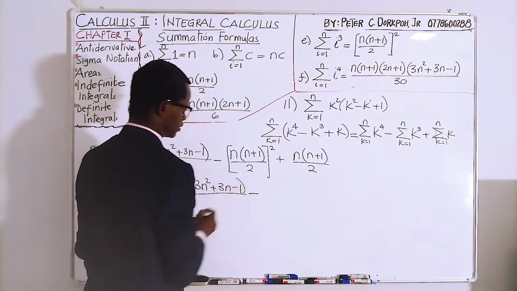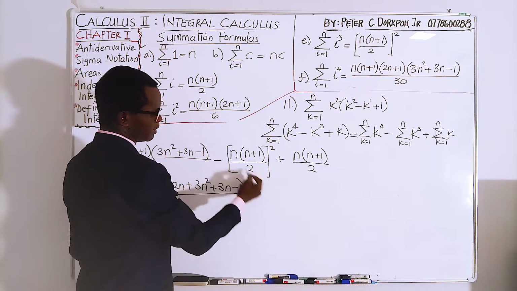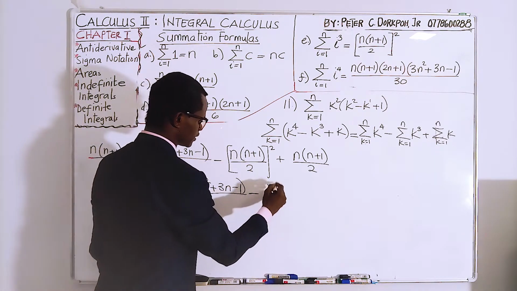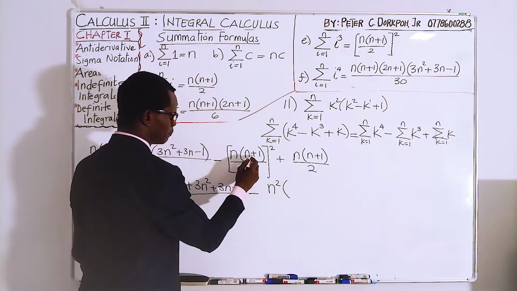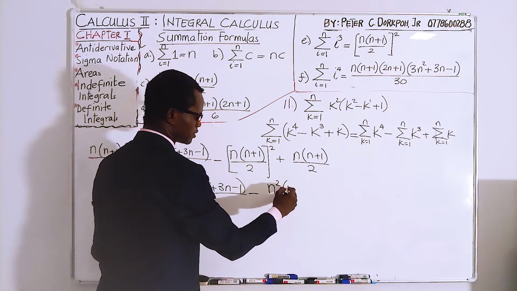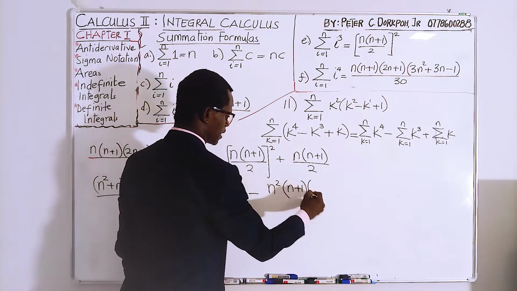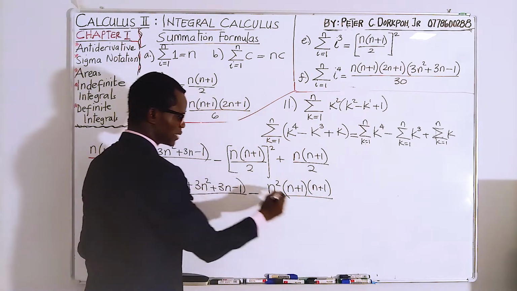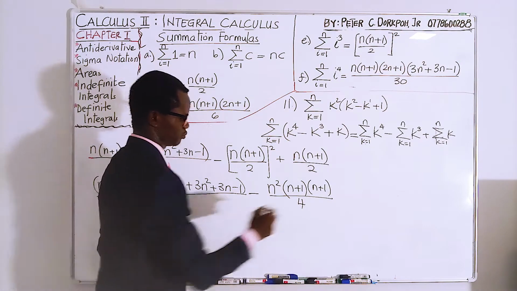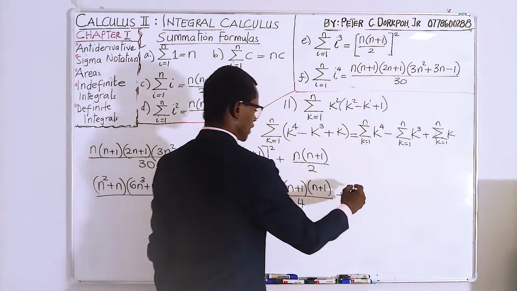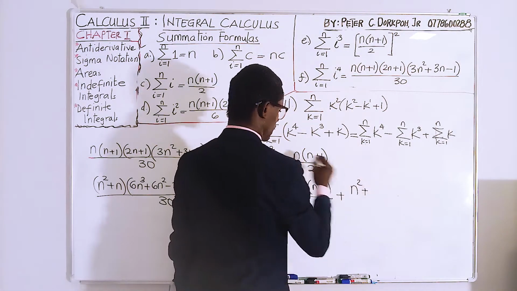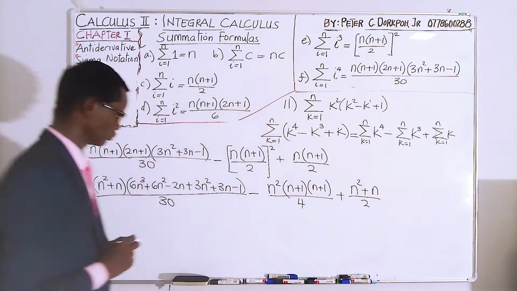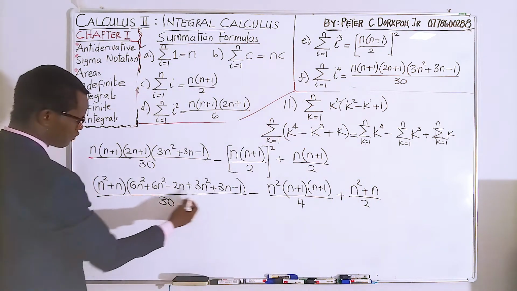Minus. Everything in here must be multiplied 2 times. So this n multiplied 2 times is n squared. This n plus 1 multiplied 2 times is n plus 1 times n plus 1. And this 2 multiplied 2 times will just give us 4. Plus n times n is n squared, n times 1 is n, all over 2. So we can simplify further in here.